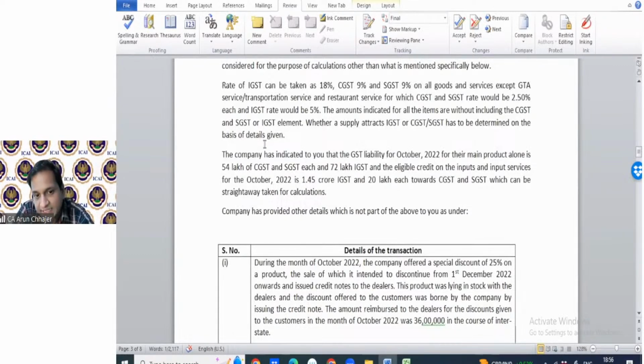The company has indicated to you that the GST liability for October for the main product alone is 54 lakh CGST, 54 lakh SGST, and 72 lakhs for IGST. Further, they are saying an eligible credit on input and input services for October is 1.45 crore as IGST, 20 lakh CGST, and 20 lakh as SGST, which can be straightforwardly taken for the calculation.